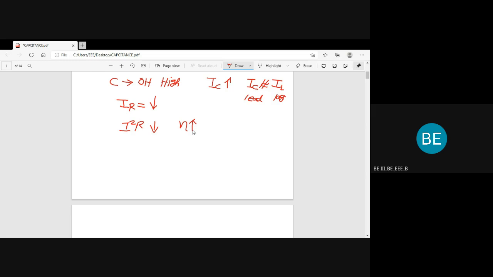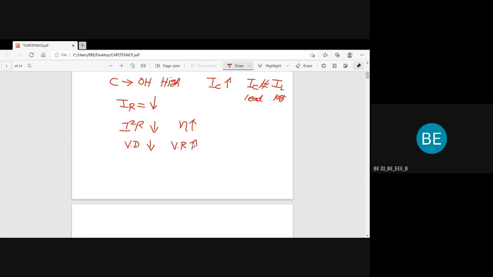This is the first advantage. Second, because the currents cancel each other, the voltage drop in the transmission line gets reduced, which means voltage regulation will be improved.